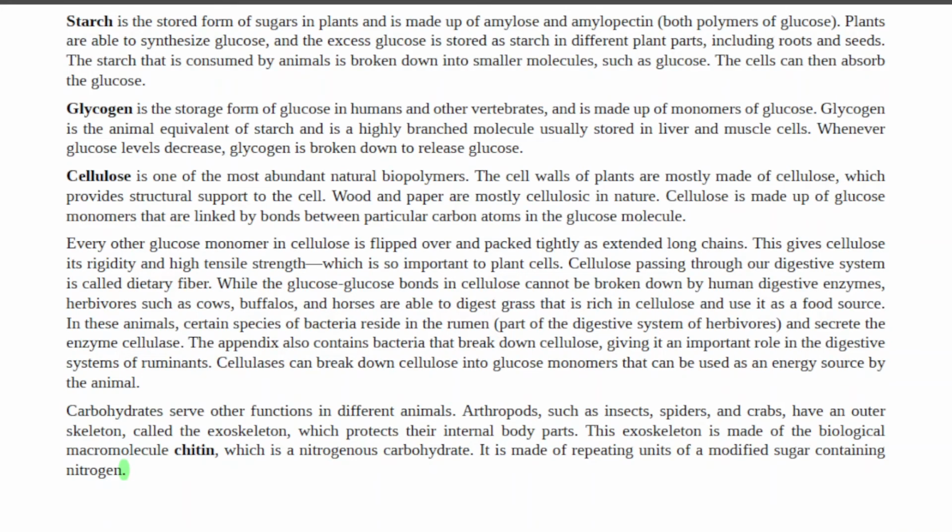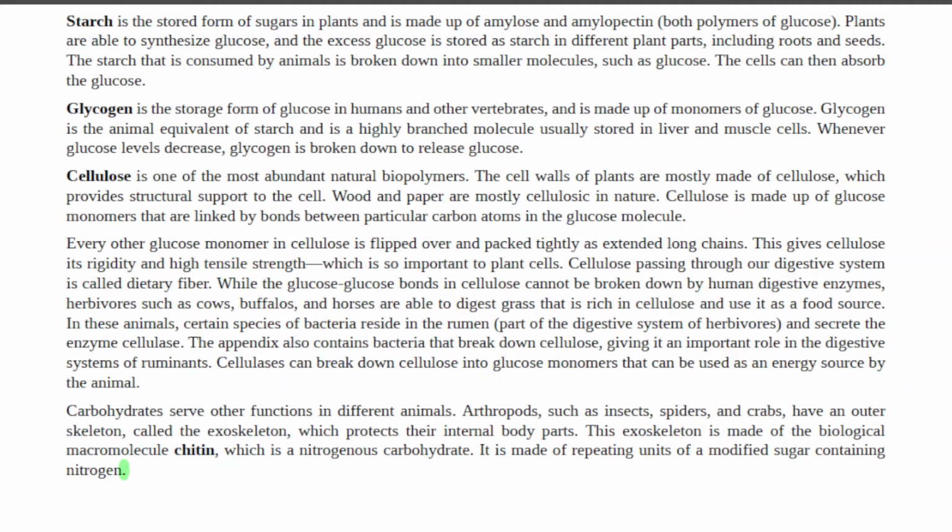While the glucose-to-glucose bonds in cellulose cannot be broken down by human digestive enzymes, herbivores such as cows, buffaloes, and horses are able to digest grass that is rich in cellulose and use it as a food source. In these animals, certain species of bacteria reside in the rumen, part of the digestive system of herbivores, and secrete the enzyme cellulase.